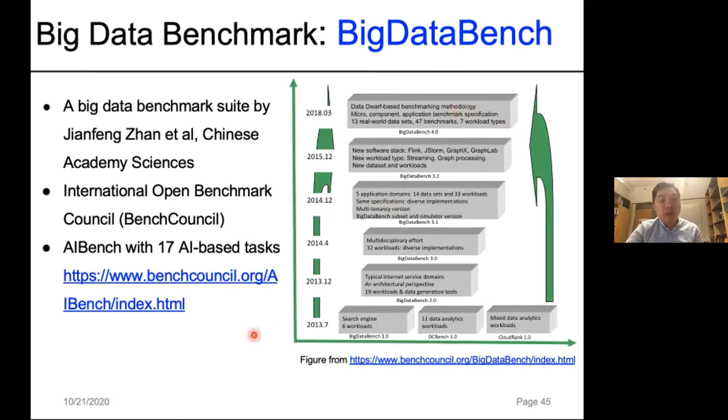And also recently they have proposed AIBench with 17 AI-based tasks involving image, video, and text tasks.